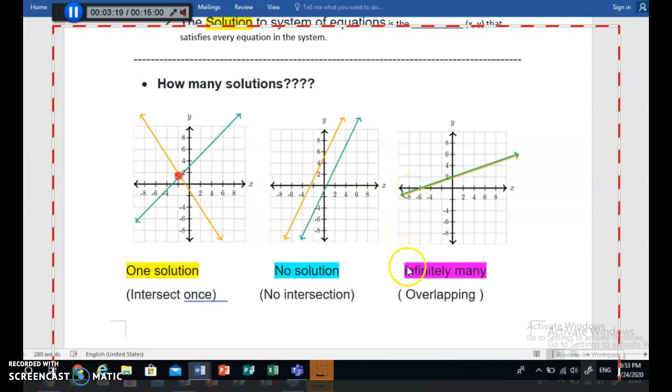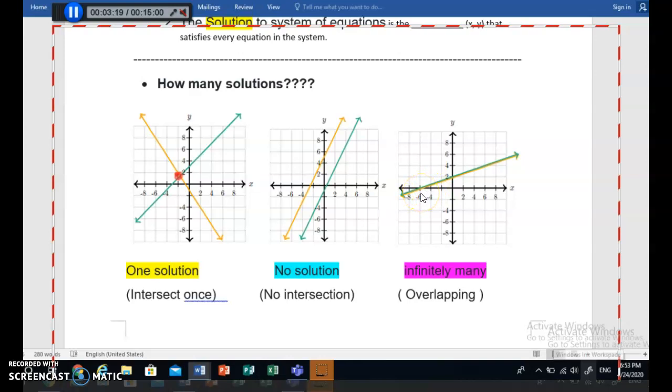So it's infinitely many solutions. So one solution, it intersects only one time. This is no solution because they never intersect each other. The third one, infinitely many because they overlap, which means these two equations are the same.